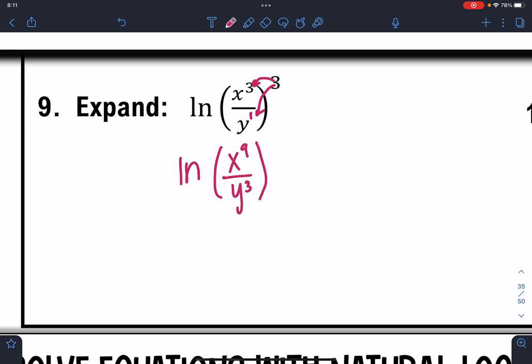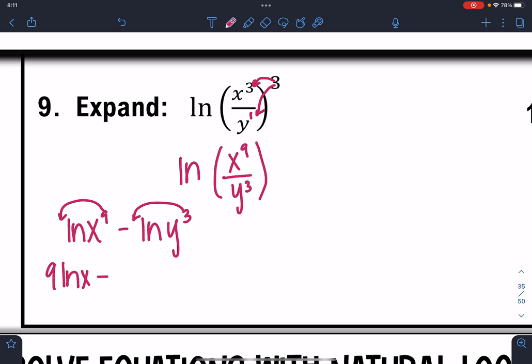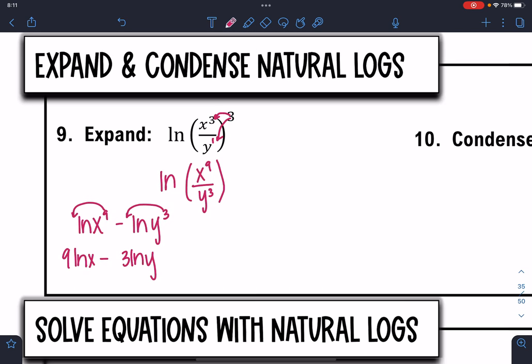And then I can expand. So I'm going to say that this is natural log of x to the 9th minus natural log of y cubed, because the y cubed is in the denominator, therefore it is being subtracted. The x to the 9th is the numerator, therefore it is positive. And then we can now move my exponents to the very front. So we have 9 ln x minus 3 ln y. There would be your answer.